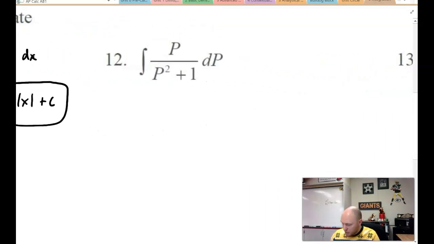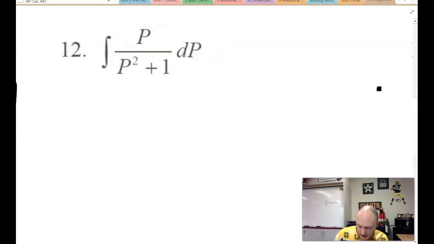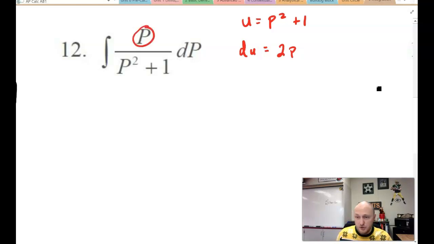All right, example number 12. Here I have a lot going on. I have in the denominator p squared plus 1. Now, the derivative of that is just 2p, okay? Well, hey, I have a p here. I'm just missing a 2. So I can multiply in the 2 here, and then balance it with a 1/2. So here's the hook, right?